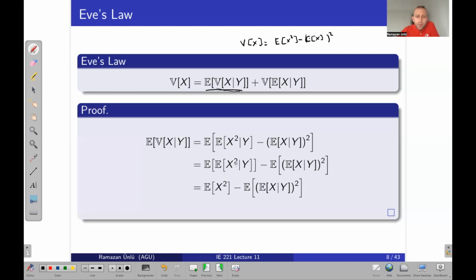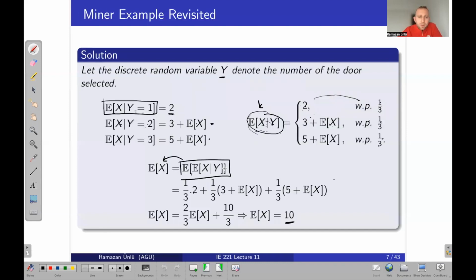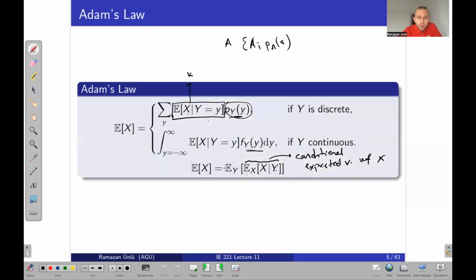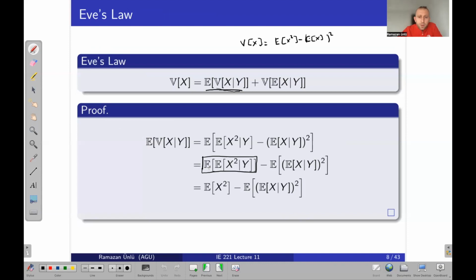And we know that the expected value of the conditional expected value is the unconditional expected value, so you can check from here. So this is the expected value of X squared minus the expected value of the squared conditional expectation of X given Y. So that is the first term.